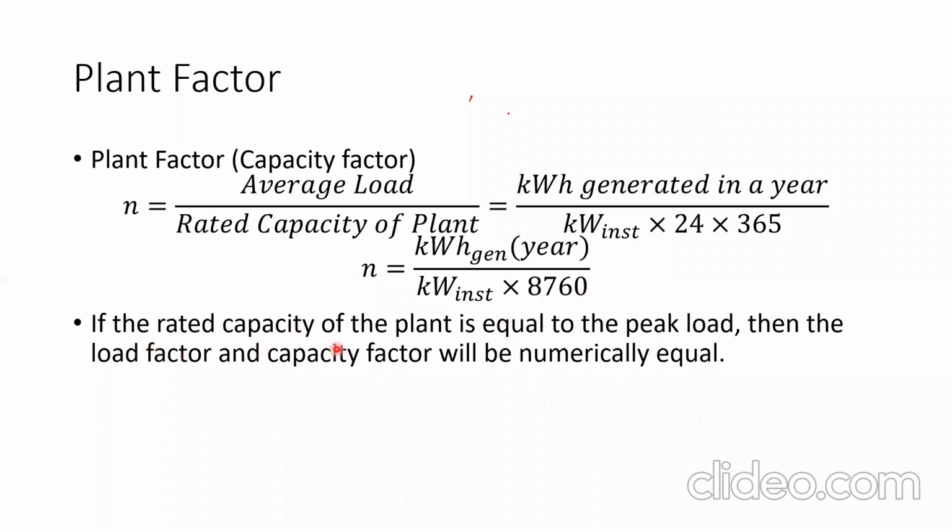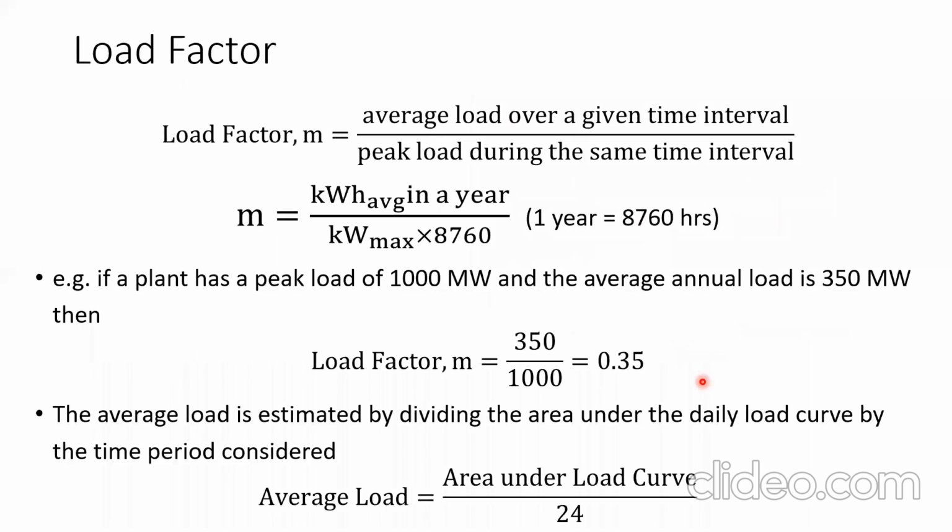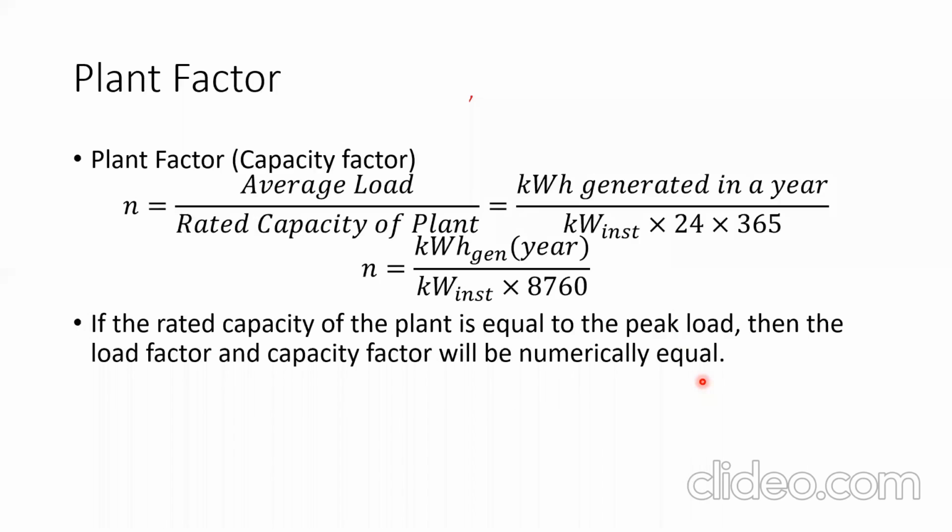If the rated capacity of the plant is equal to the peak load, then the load factor and capacity factor will be numerically equal. What is the definition of load factor? Average load is divided by peak load during the same time interval, and in the plant factor, it is divided by capacity.